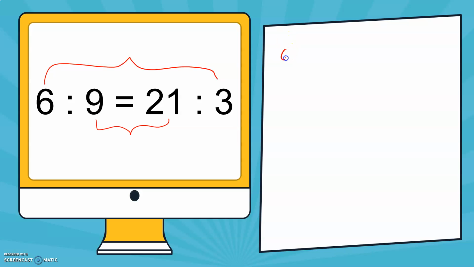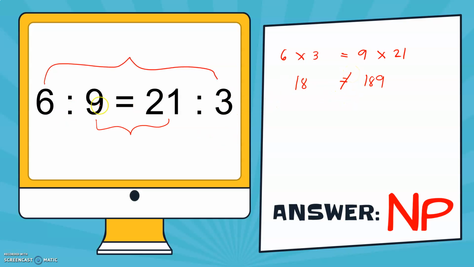So let's multiply 6 and 3, and it should be equal to 9 times 21. 6 times 3 is 18, while 9 times 21 will give us 189. Are they equal? It's very obvious that they are not. Therefore, this given here is not a proportion.